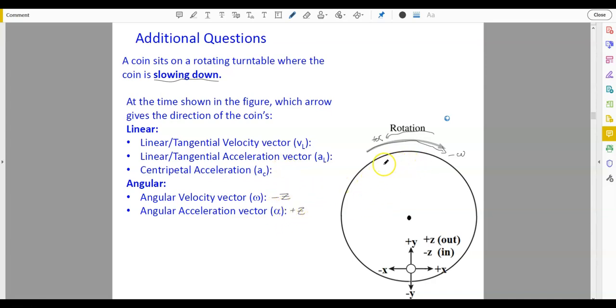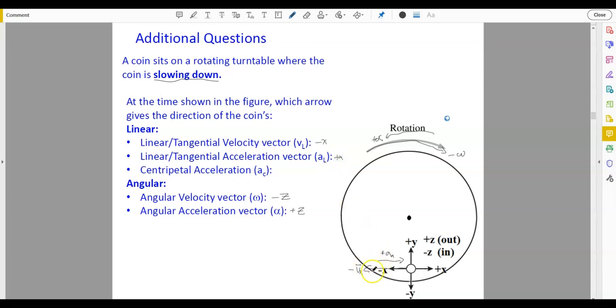Okay, well, now we know this thing's rotating clockwise, and this coin has reached this instance right here. And it looks like the coin is going to be traveling in the negative x direction. Just happens to be so at this point. And not only that, since it's slowing down, it's going to have a positive acceleration vector in the x direction for its tangential or linear acceleration.